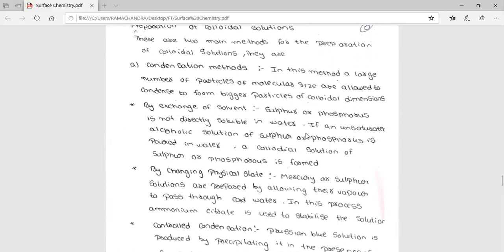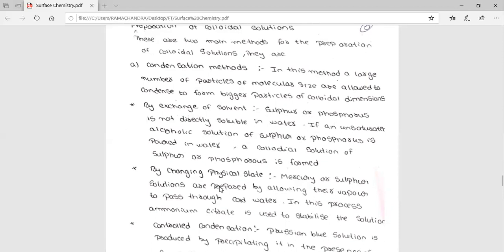If an alcoholic solution of sulfur or phosphorus is poured into water, a colloidal solution of sulfur or phosphorus is formed. By changing the solvent, because sulfur and phosphorus are not soluble in water, we use alcoholic solutions for the formation of bigger particles of colloidal dimensions.